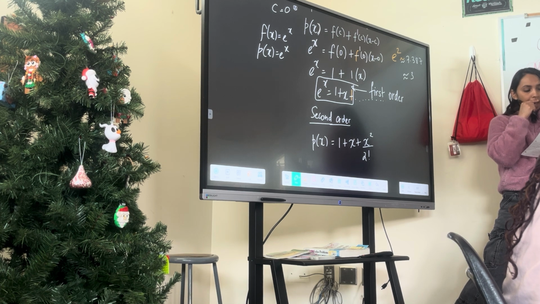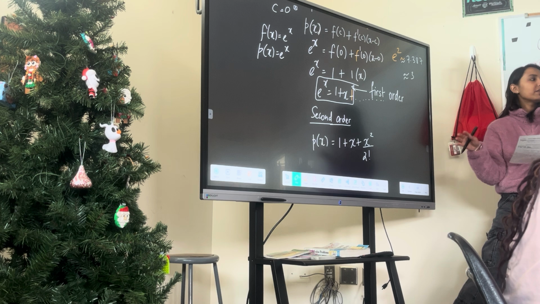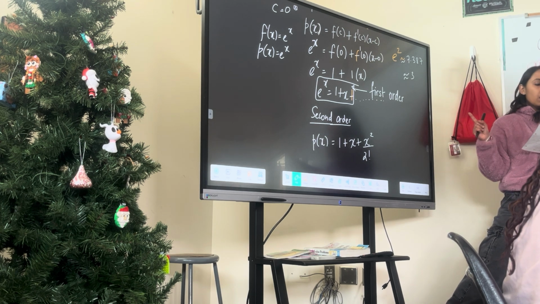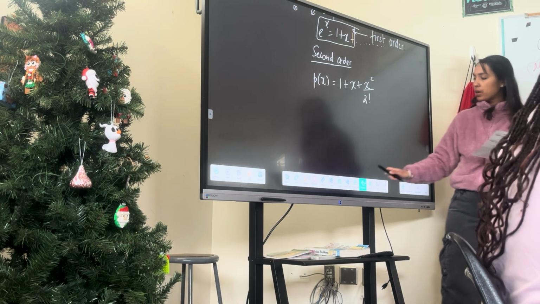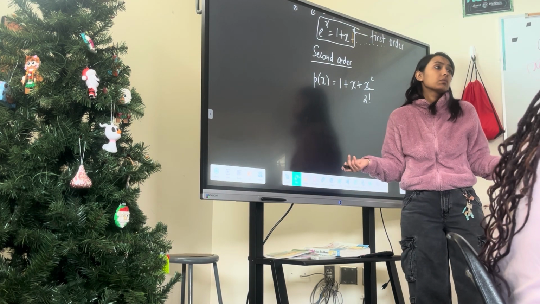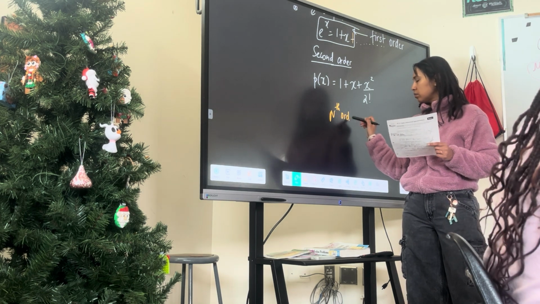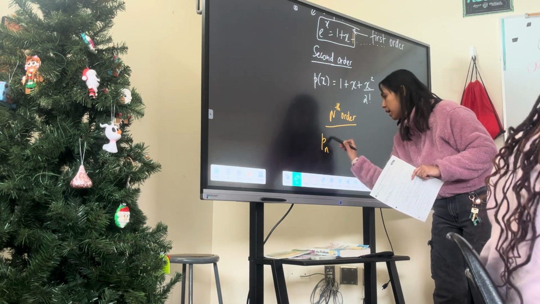Now, on the back, it wouldn't mean anything right now until we actually do some problems, then it will make sense. So this is second order. Let's say, how do I generalize this to any order? The nth order. That will be P sub n of x.